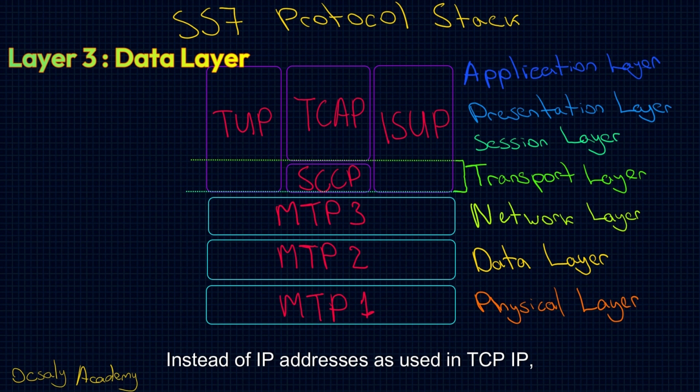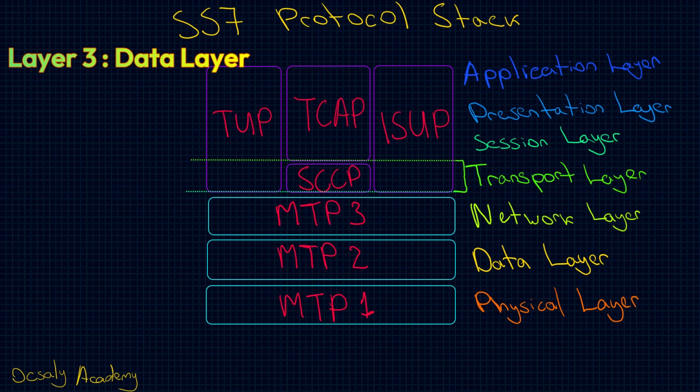Instead of IP addresses as used in TCP/IP, MTP3 utilizes point codes to identify network nodes. These point codes serve the same purpose but are specific to the SS7 system.